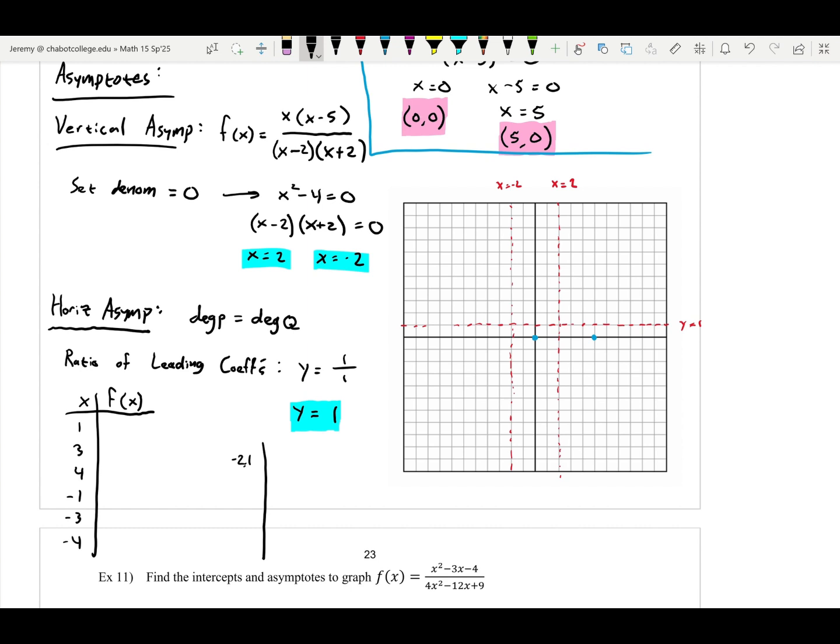I can do the same thing on the right, -1.9. Depending on whether I get really big values or really small values there, that will help me determine what the behavior is near that asymptote. And I'll do the same thing for the other vertical asymptote at x equals 2. I'll plug in +2.1 and +1.9.